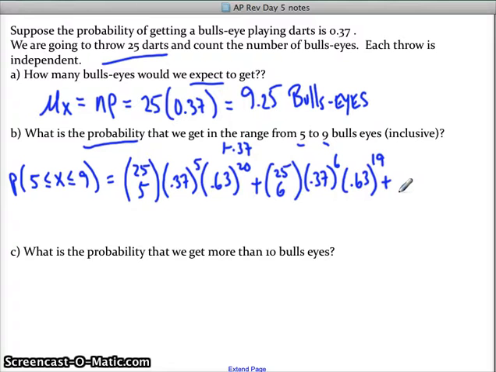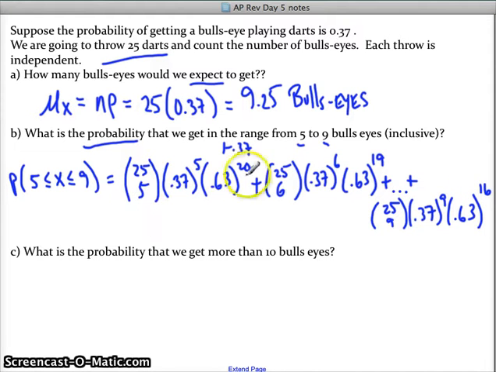Okay, now I still need to take care of 7 and 8 and 9, but I don't need to write all that out. The minimum amount of work to write out is the first one plus the second one plus dot dot dot plus the last one. The last one would be 25 choose 9, 9 is the last one, 0.37 to the 9th, 0.63 to the 25 minus 9, so to the 16th.